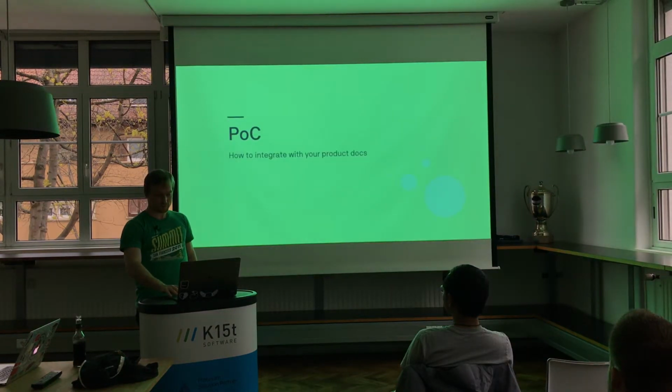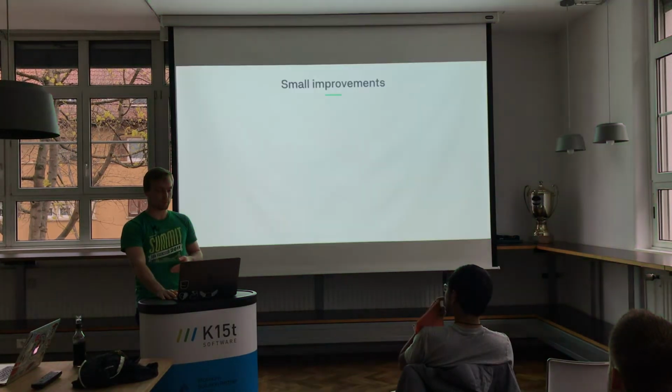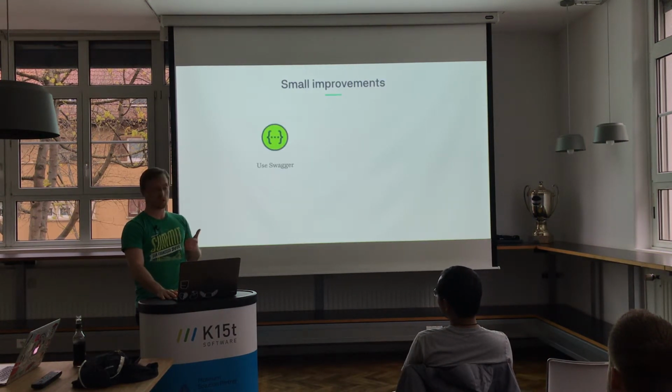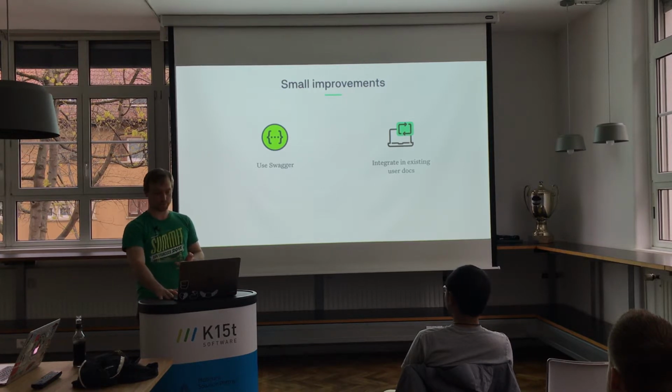So my goal, in researching this topic a little bit, was to come up with some small improvements we can directly implement in the product and improve on over time. So I thought it would be good to use Swagger and try to integrate it into our existing docs during build time.